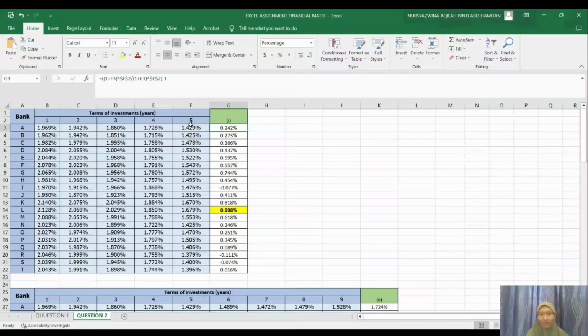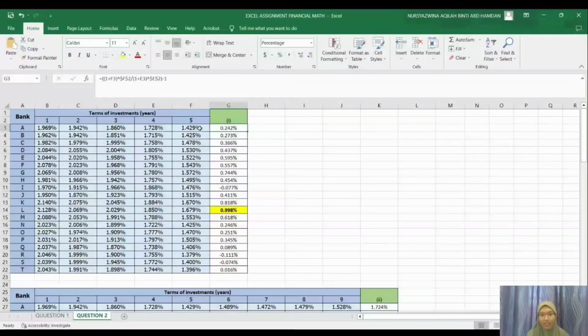The formula is 1 plus the spot rate of the 5th year, which is this, to the power of 5, F2. F2 here is the 5th year itself, divided by 1 plus the spot rate of the 4th year to the power of 4, E2.